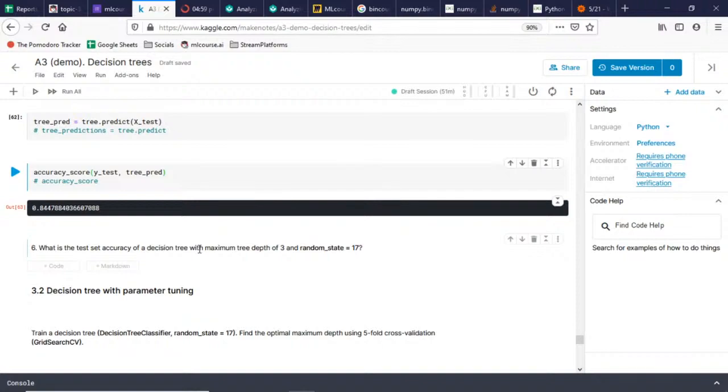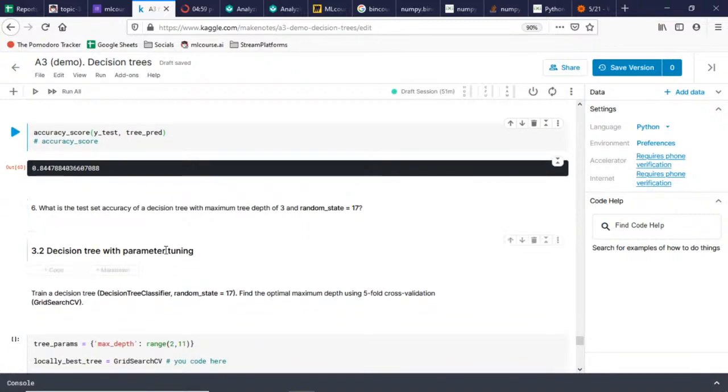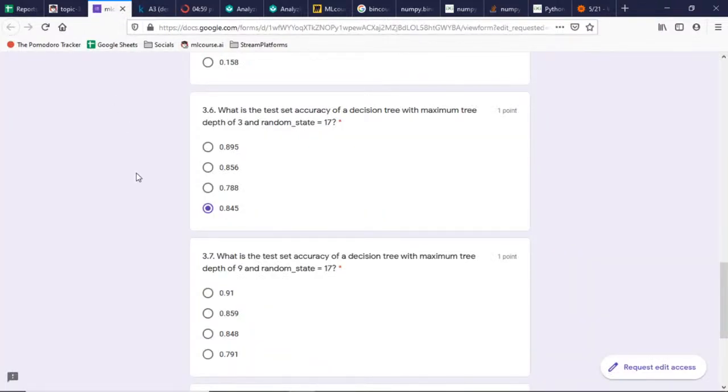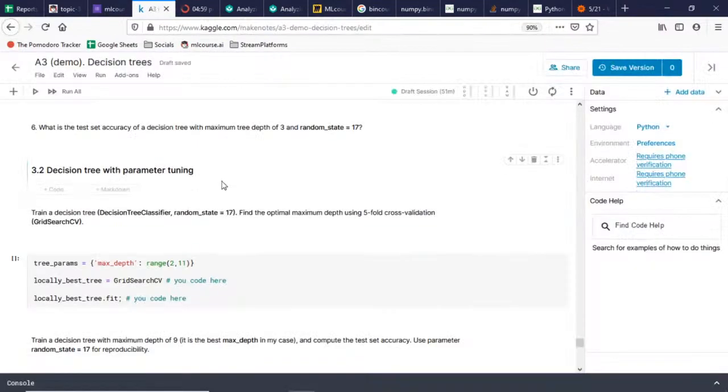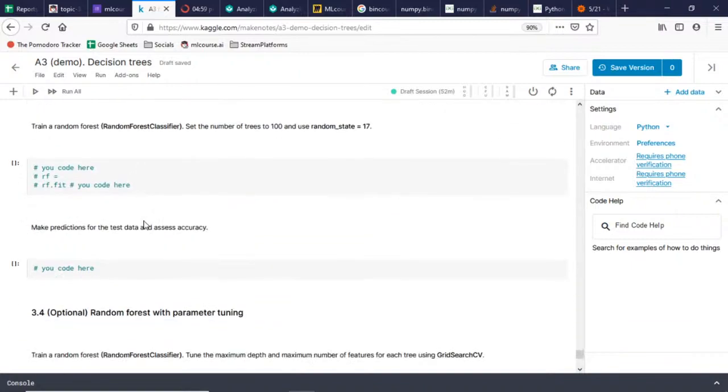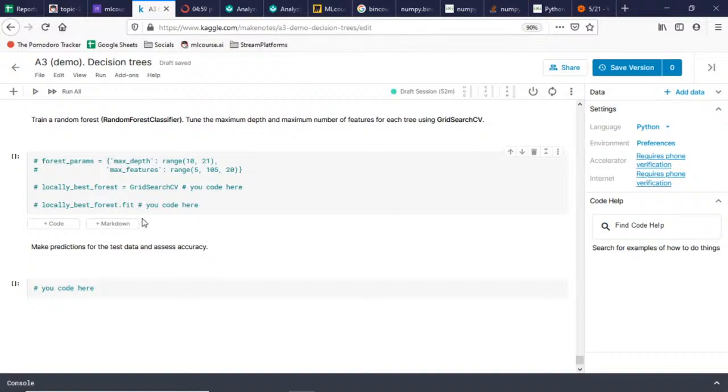What is the test set accuracy of the decision tree with maximum tree depth of 3? Well, actually, I don't know what it is.